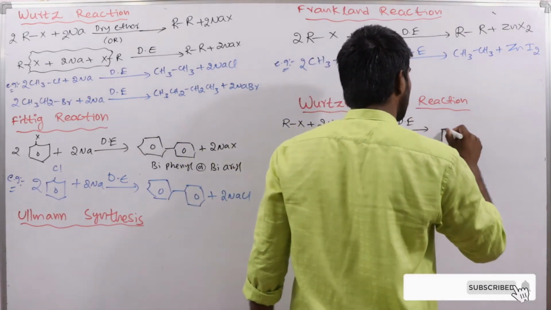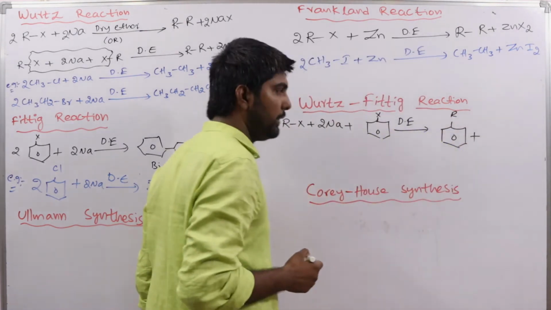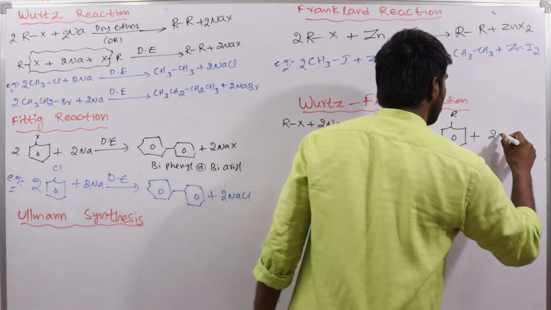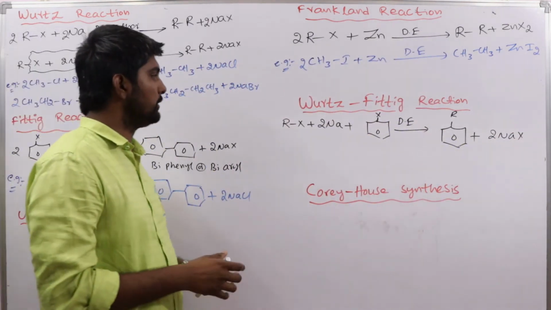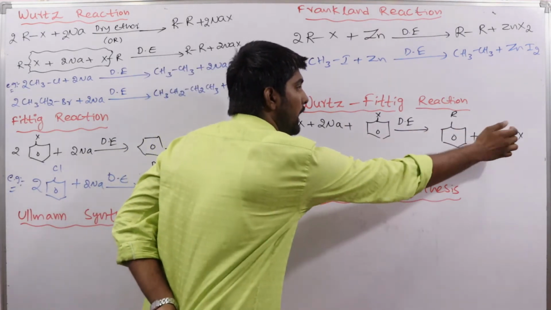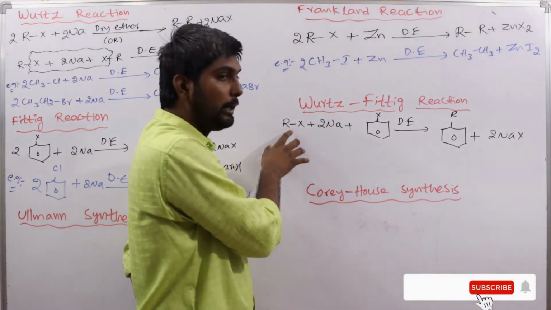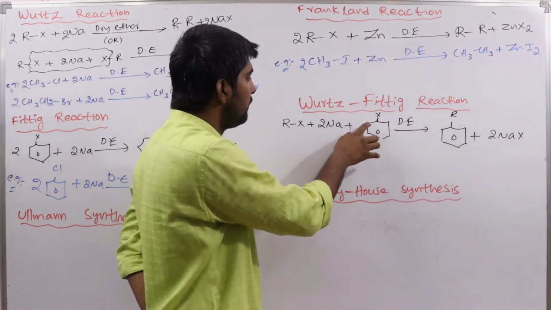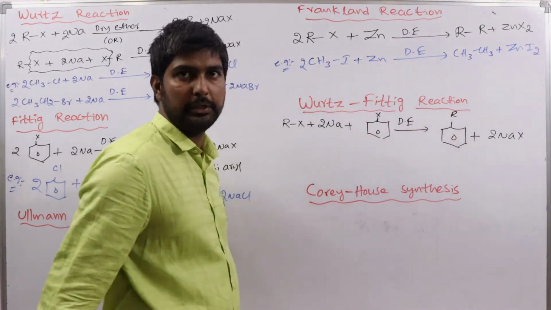So here the product is alkyl substituted benzene plus 2 moles of sodium halide. Okay, so here also what is happening? These two halogens react with sodium and are removed as sodium halide, and there is a bond formation between the carbon of this alkyl group and the carbon of this ring. So here we get alkyl substituted benzene.